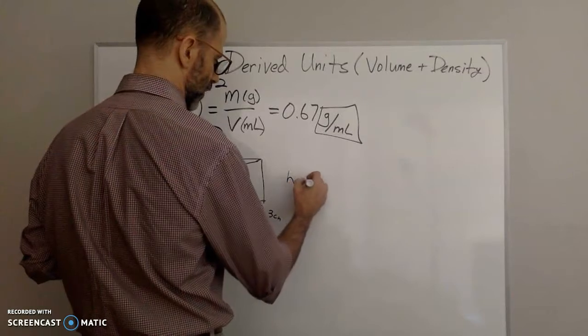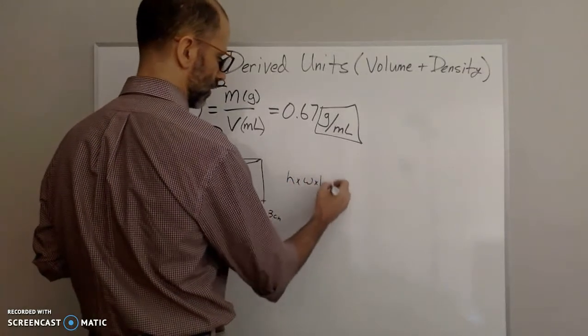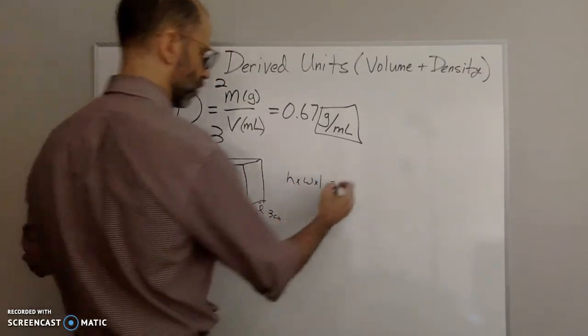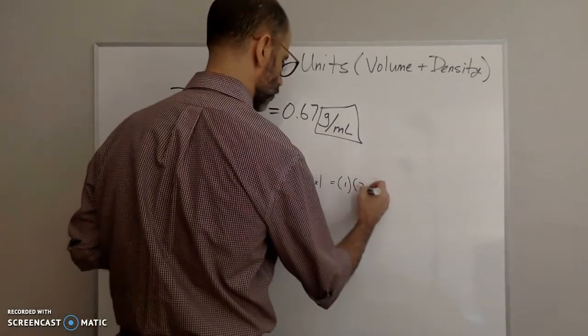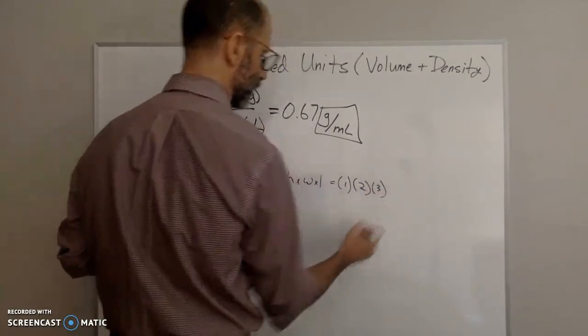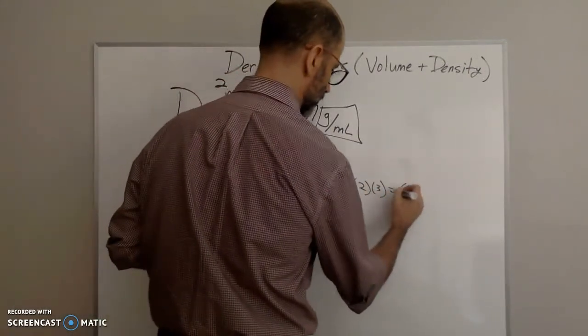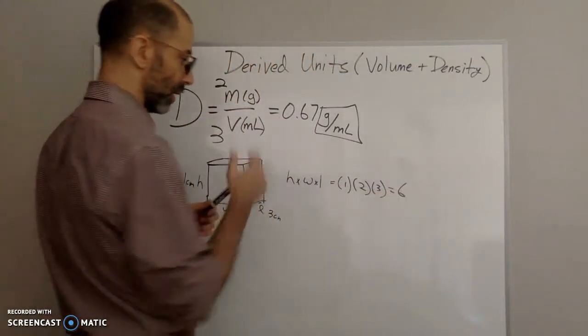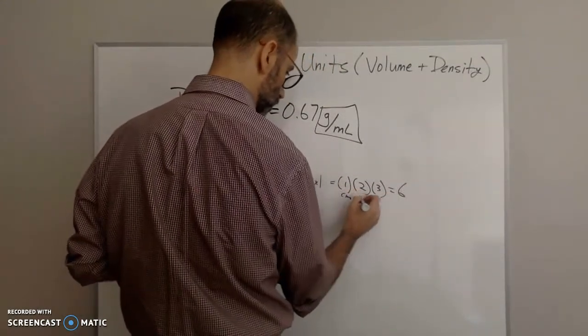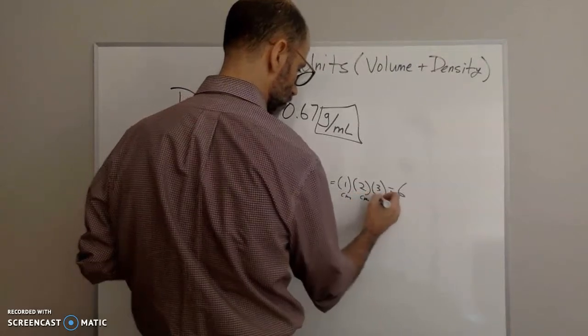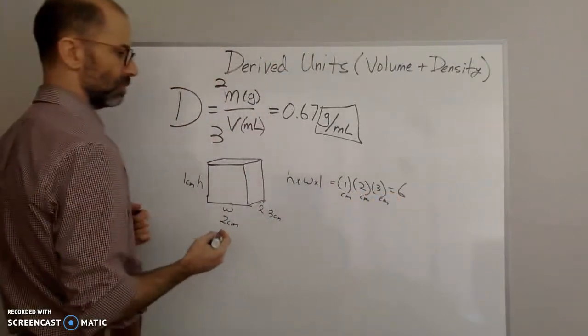So height times width times length is going to be 1 times 2 times 3, and that's going to give me 6. Oops, I should write in that these are centimeters, so 1 centimeter, 2 centimeters, 3 centimeters.